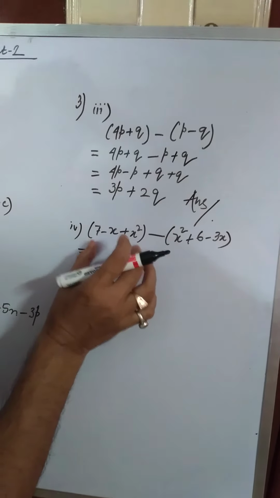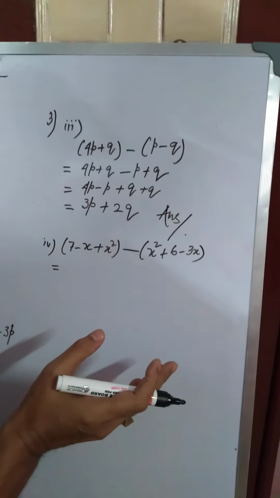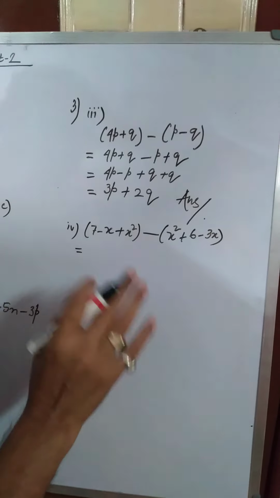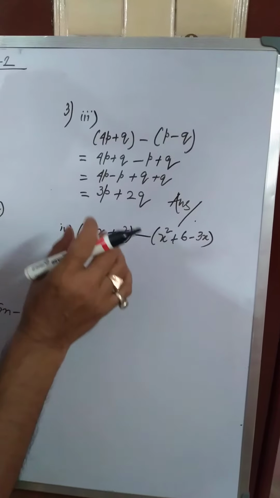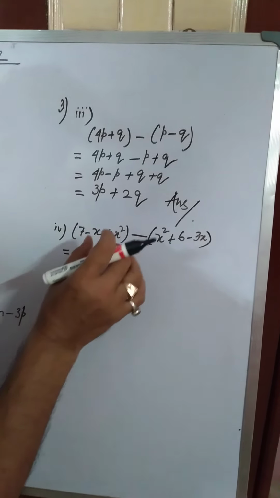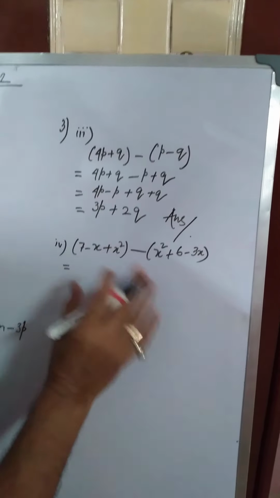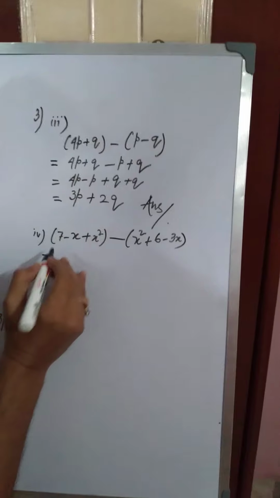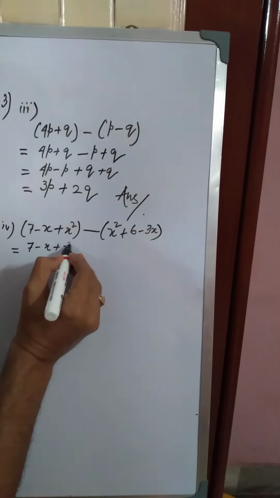For the first term, since no sign is there, you have to consider plus sign. Before the bracket, if plus sign is there, then without changing the sign within the terms which are present inside the bracket, do not change the sign if the plus sign is there before the bracket. So 7 minus x plus x square.